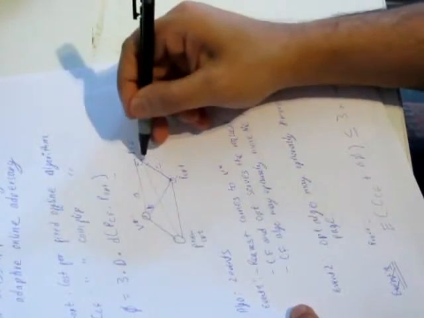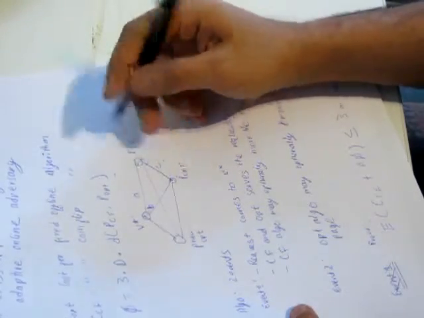Or if you just see here, the distance between P and C is C, so we write C, or just say it would be the same as the old potential.